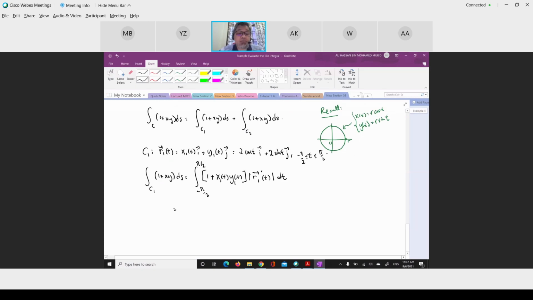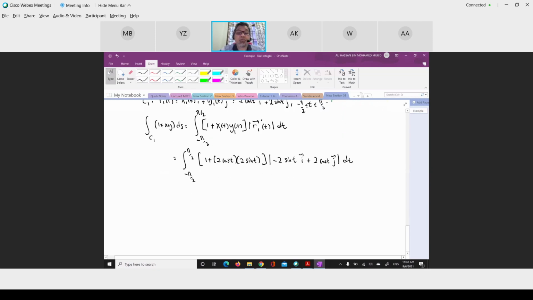So we substitute x1 is 2 cosine t, y1 is 2 sine t. And what is r1 prime? Differentiate r1. We get minus 2 sine t i plus 2 cosine t j dt.